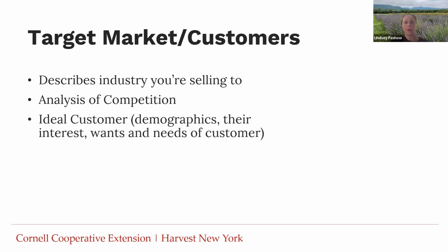And then for target market and customers, describe the industry you're selling to. Your analysis of your competition is going to be what you included in your SWOT analysis. Then include your ideal customers, which can sometimes change very quickly. If you're just starting out, you have an idea of your ideal customer, but who ends up coming to your farm over time may differ.